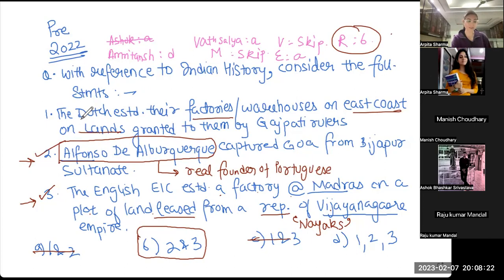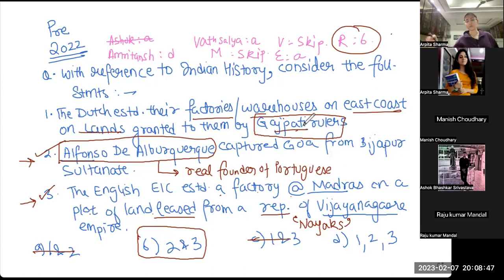If you have studied medieval Indian history, you will see that these Gajapati rulers, basically, were extinct, way before the Britishers or these Europeans came to India. So if we go by the chronology, medieval Indian history ke bilkul starting mein we had Gajapati rulers. After that, when the modern Indian history started, Gajapati rulers were erased off, right?